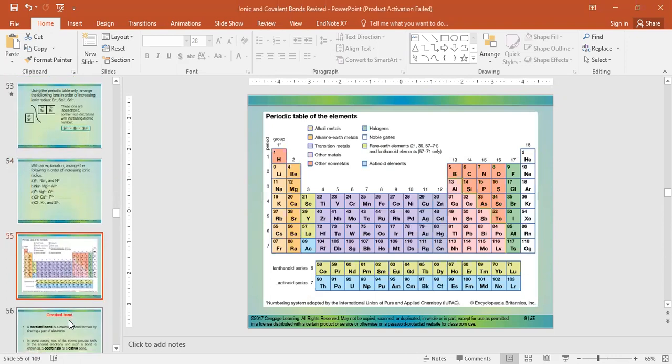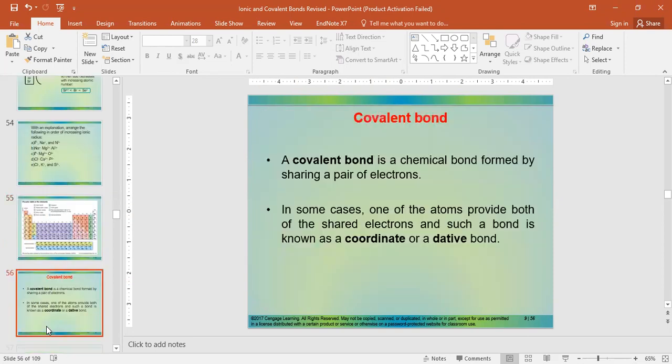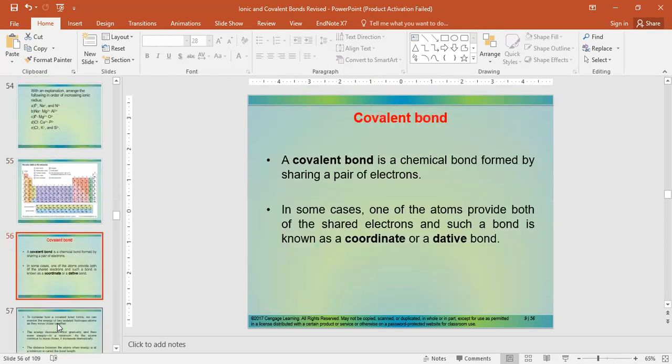So we move on to the covalent bond. This is just showing the periodic table. So I want us to move to the covalent bond, and we say that a covalent bond is a chemical bond formed by the sharing of a pair of electrons.